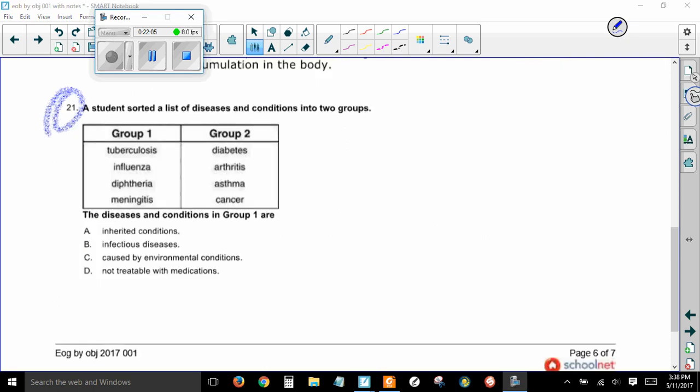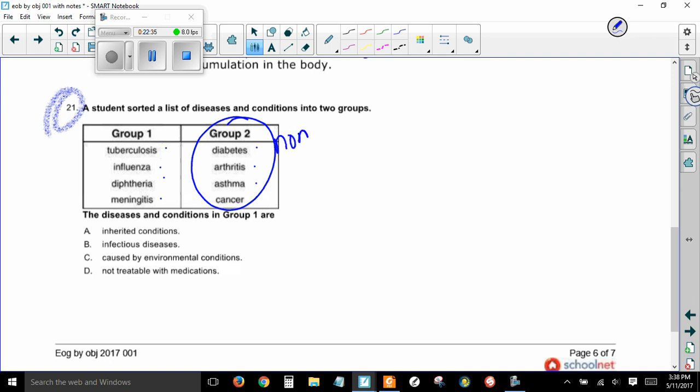Okay. All right, a student sorted a list of diseases and conditions into 2 groups. We've got group 1: tuberculosis, influenza, diphtheria, meningitis. Group 2: diabetes, arthritis, asthma, and cancer. Now, right off the bat, we should notice that group 2 are caused by health issues.